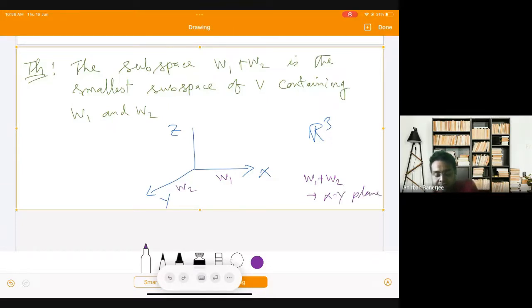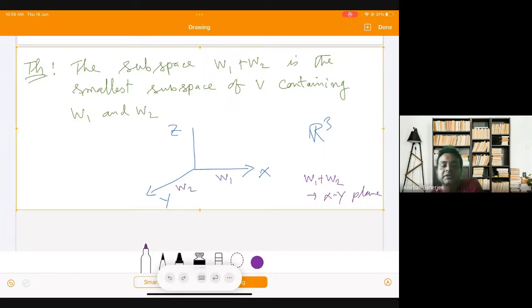And if you take any subspace in R3, R3 is also a subspace of R3, which also contains W1 and W2. But we want to reduce the number of vectors in that subspace. Okay? So if you reduce, let's say the xz plane, that is also a subspace in R3, and it contains W1, but it does not contain W2.